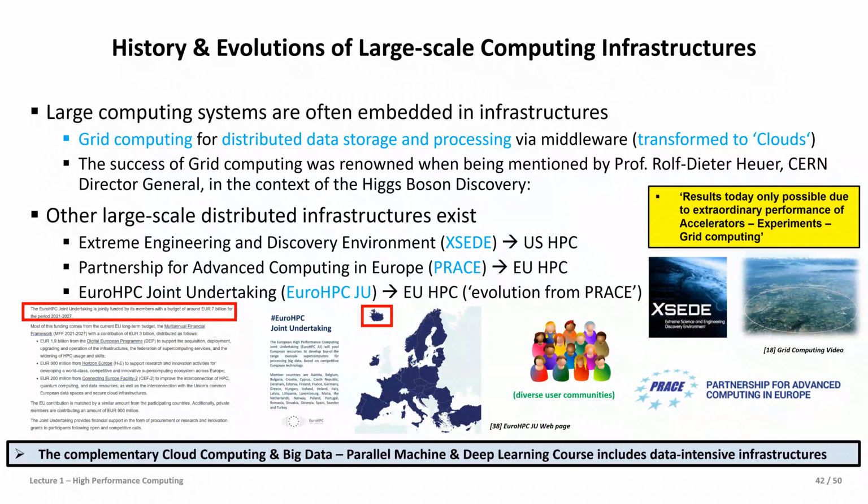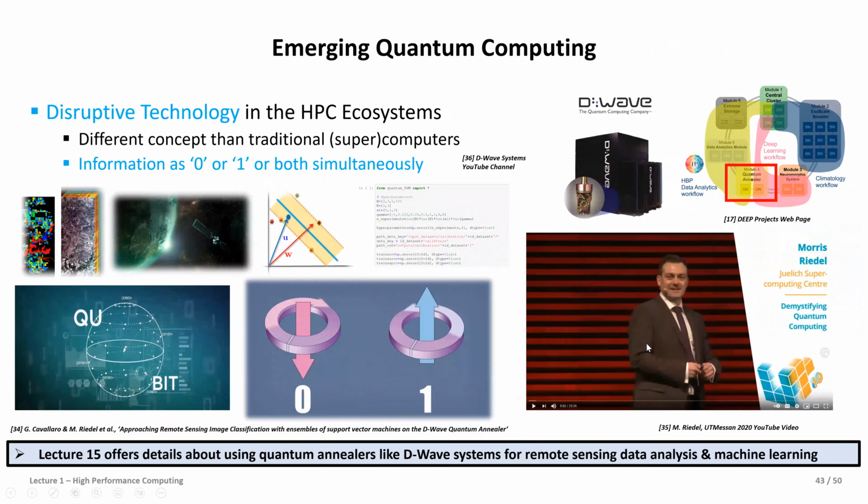So you see here that the grid computing approaches, with some publications of the past, basically allude now to many of the parts we have in cloud computing and the European Grid Initiative and so on. All of them share in common that they have a very diverse user community like HPC. And with this, I talk also more about the clouds and so on as a sneak preview for the cloud course, if you're interested, and would just close here today with the emerging quantum computing field.